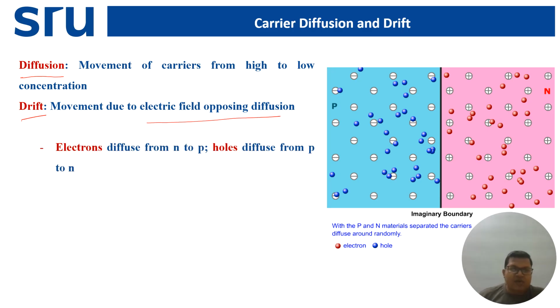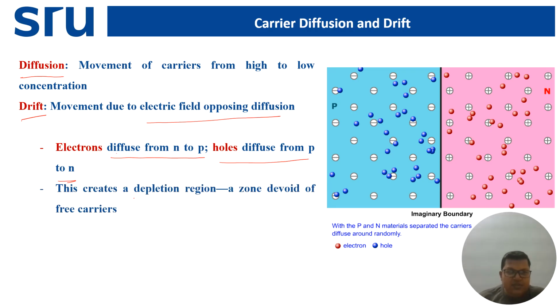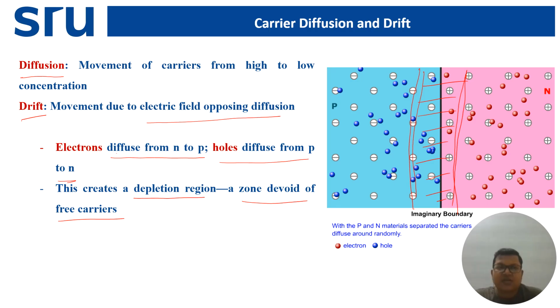Now, electrons diffuse from n to p, and holes diffuse from p to n. We already explained this in the previous slide. This creates a depletion region, a zone devoid of free carriers. This region is devoid of free carriers because of this transfer, or rather the diffusion, of electrons and holes to the other sides.